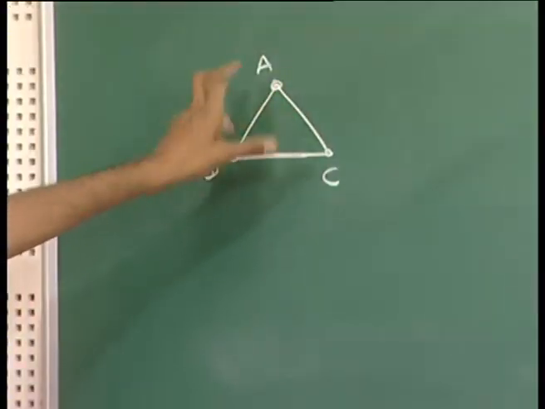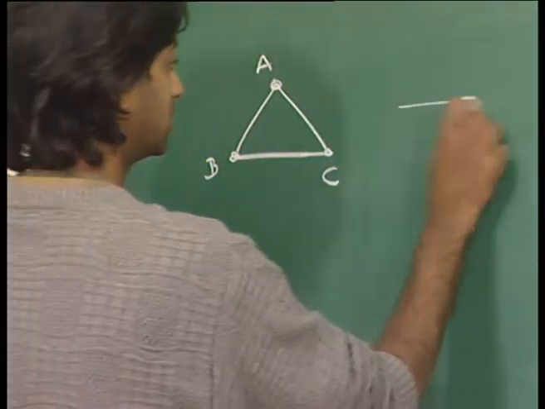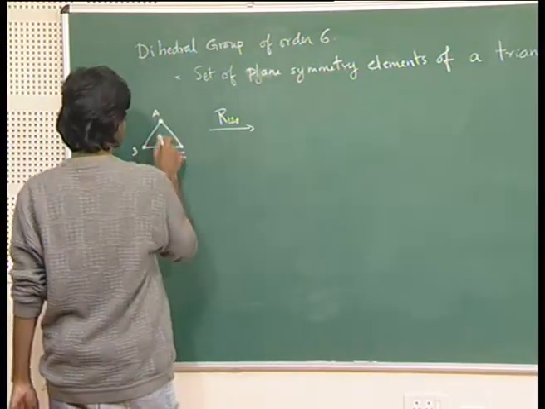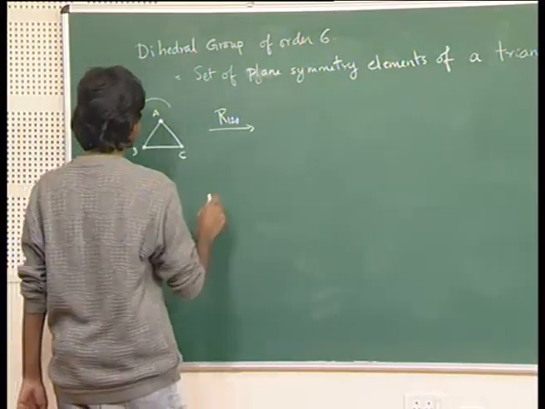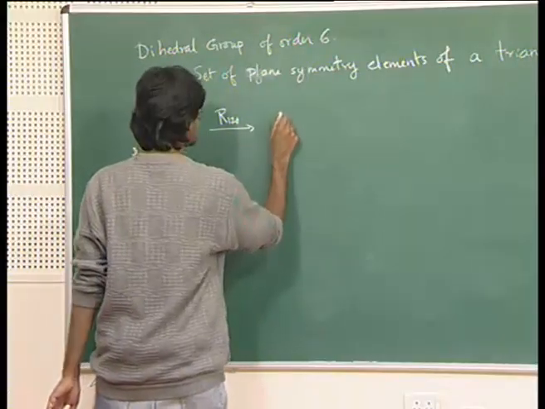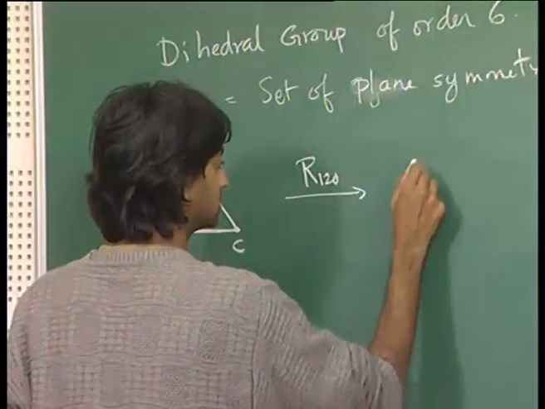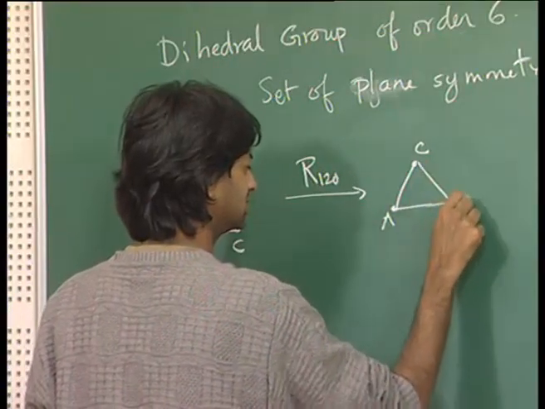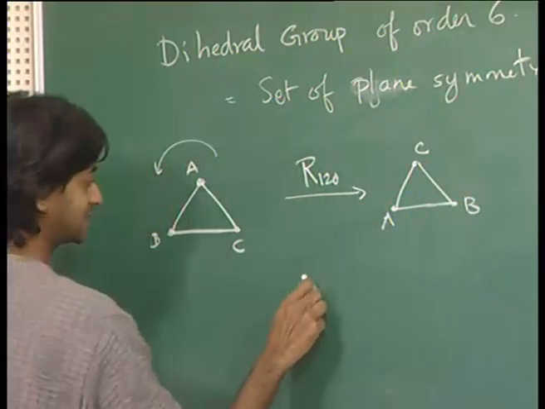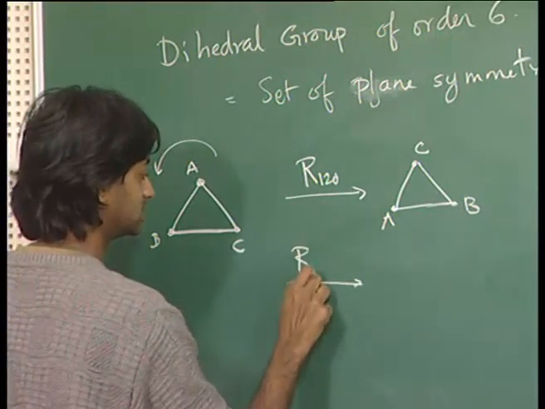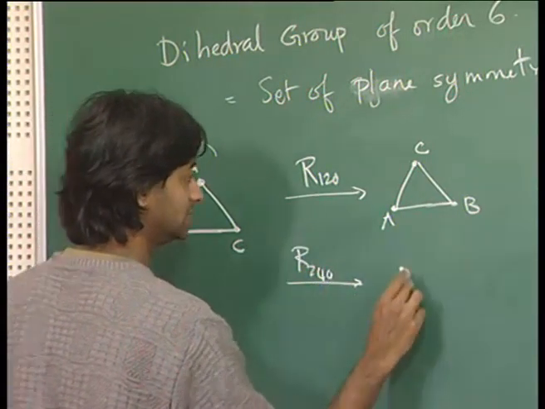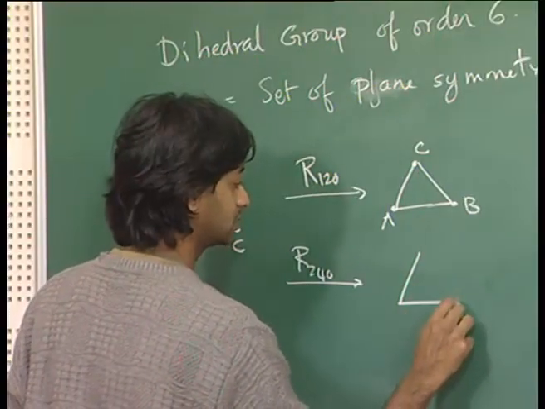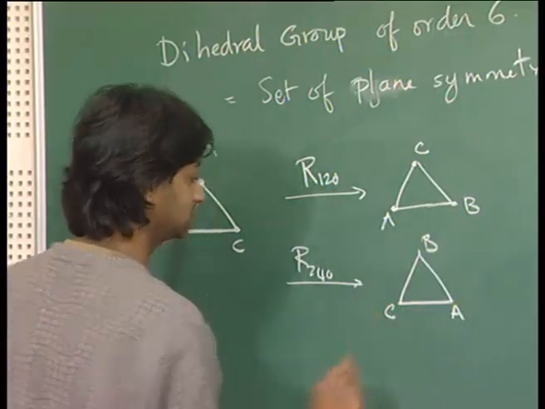So, for example, if I rotate by 120 degrees, in this sense, then I will get C, A, B, and then I can rotate by 240 degrees, then I will get A, B, C.